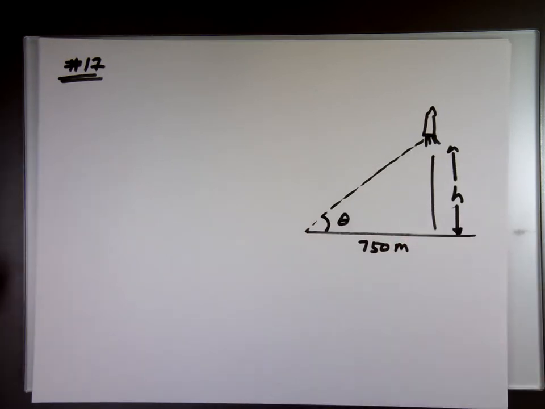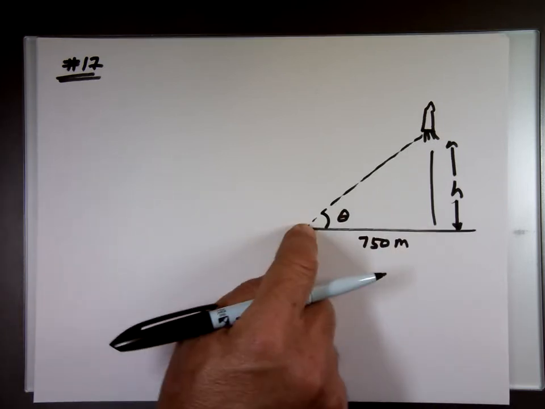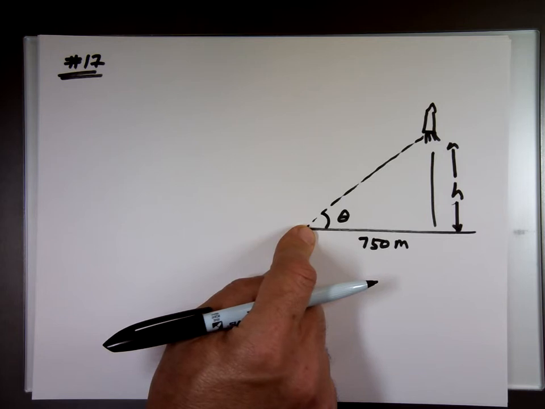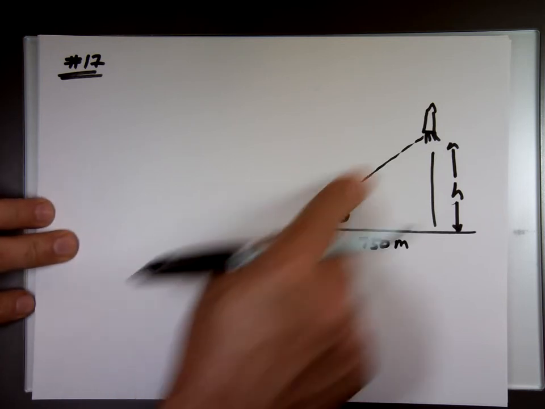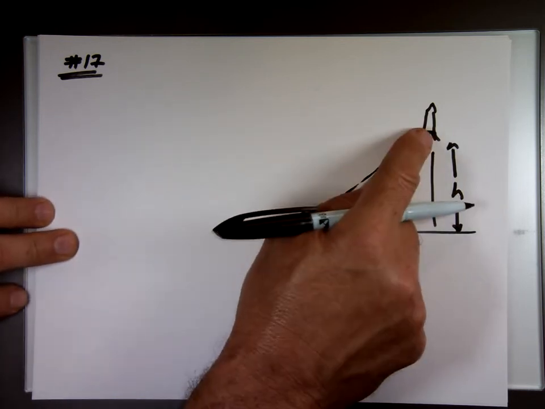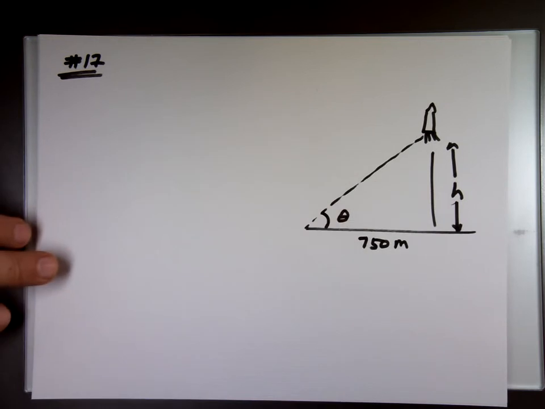A television camera at ground level is filming the liftoff of a space shuttle at a point 750 meters from the launch pad, right here. Let theta be the angle of elevation. Angle of elevation when you're looking up, angle of depression when you're looking down, for those not sure. And let S be the distance between the camera and the shuttle.